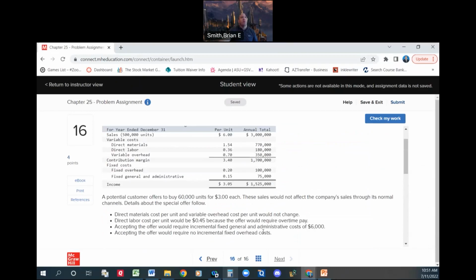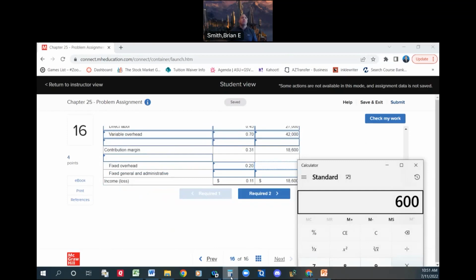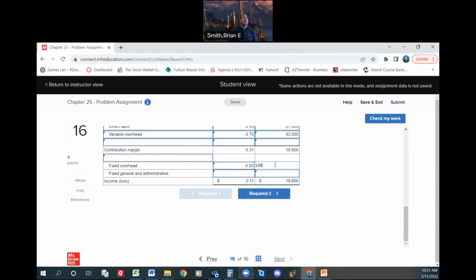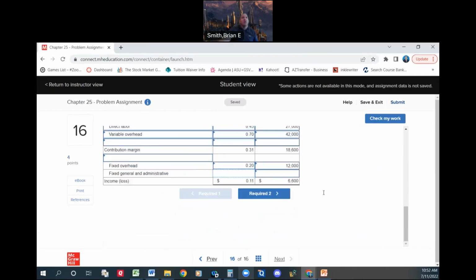Fixed overhead is the same, so 0.2. $12,000. With incremental fixed administrative cost of $6,000. Okay, so we're going to come over here. We're going to put $6,000 here.